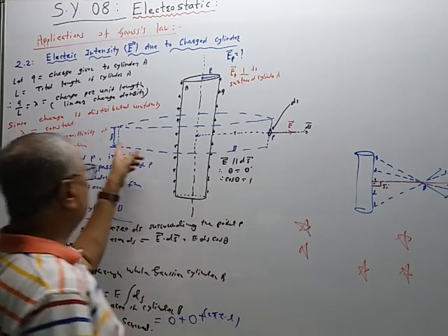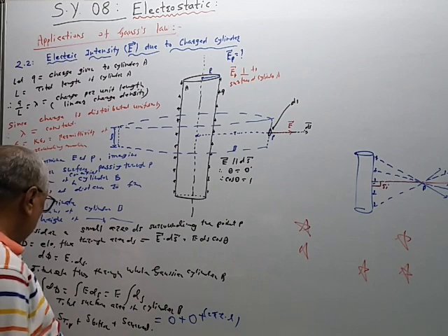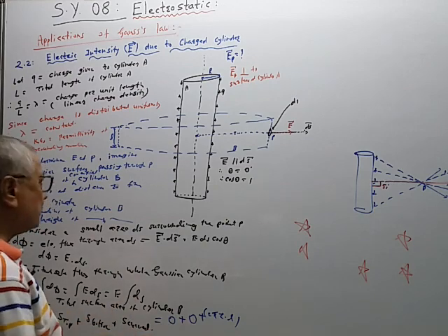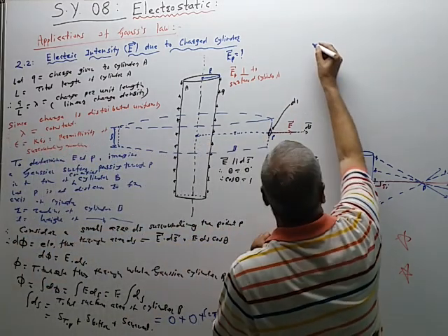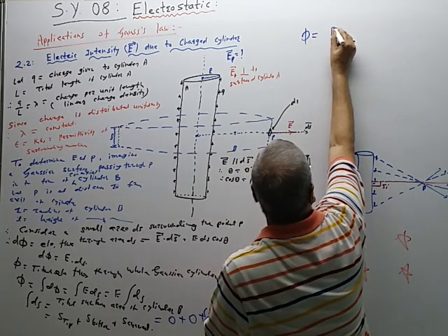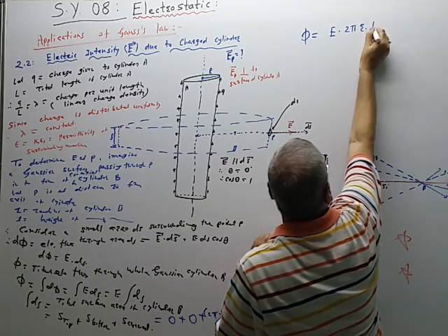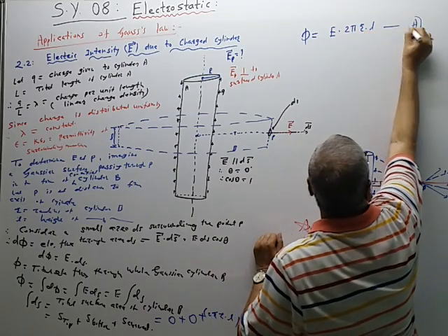Height is L. The curved surface area is 2 pi r l. So integration of ds is equal to this. So substitute here. So phi, the total electric flux, is equal to E into 2 pi r l.